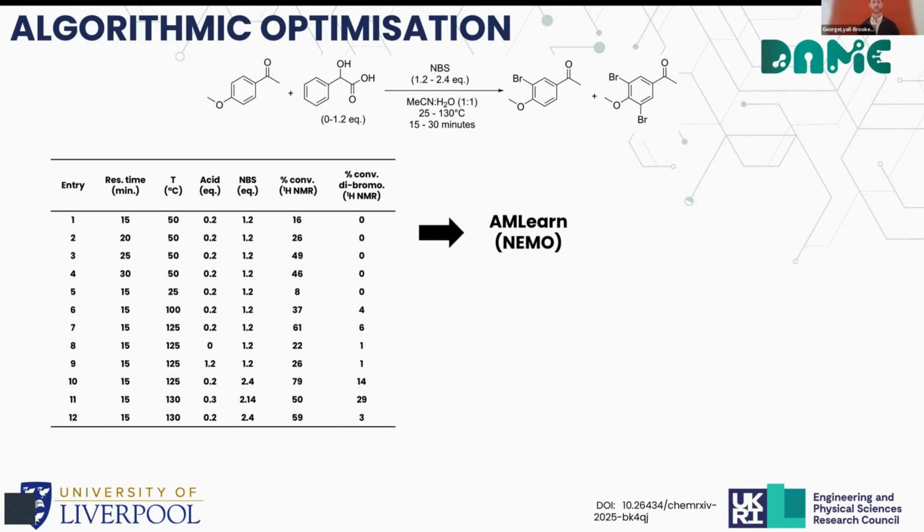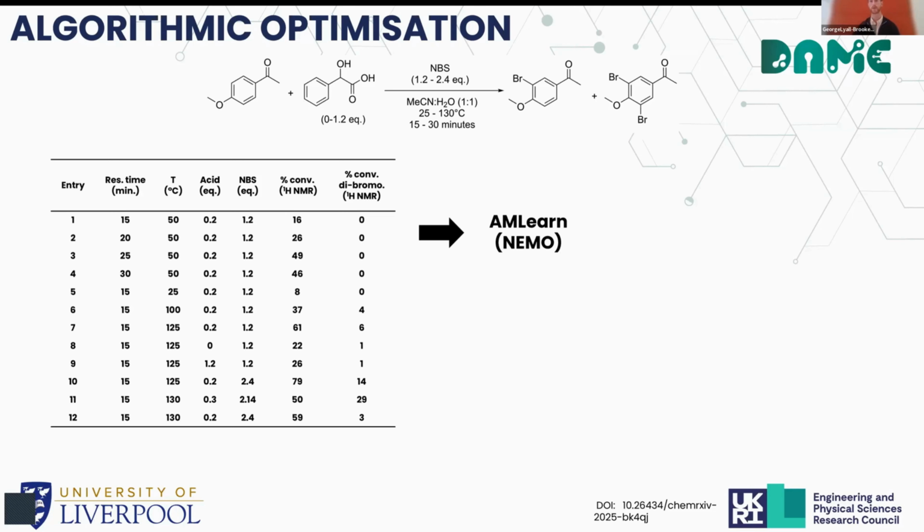We then fed this training data set into AMLearn, the accelerated materials product, and embedded within AMLearn is the NEMO algorithm, which was developed and reported by the Lapkin Group at Cambridge. This algorithm would suggest what it deemed to be high-yielding reactions based on the data it had been fed in.